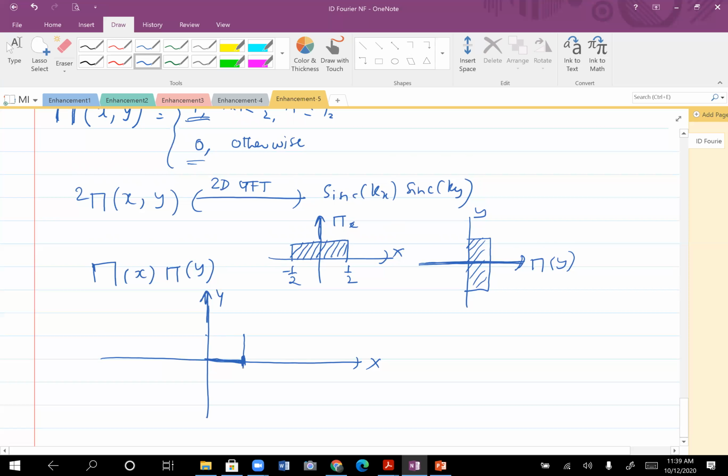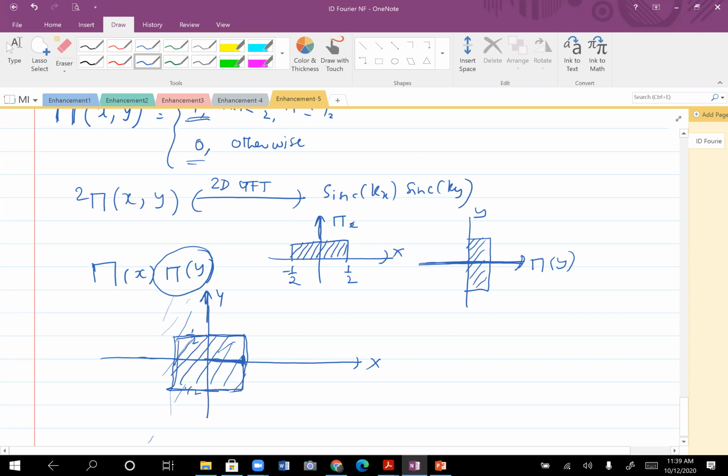This would happen only in this region, when y is from -1/2 to +1/2, because you are having rho of y, which you are varying. Similarly on this side, this is 1 for the whole region here, but the other function rho y is 1 only for this region, when it is -1/2 to +1/2. So essentially you are getting a box here in the center.